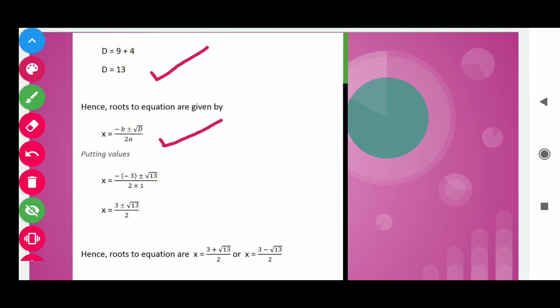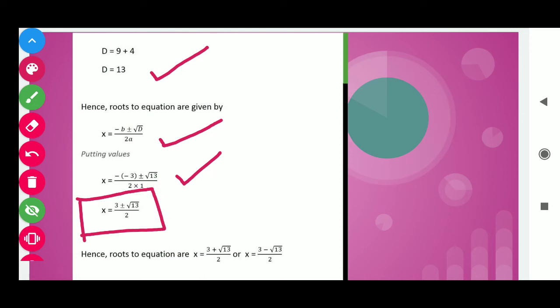In this way we get minus b, that is 3, plus minus root 13. The value of D is 13. Okay. So students, here in the denominator we get 2 into 1, a is 1. By calculating this we get x is equal to 3 plus minus under root 13 over 2.